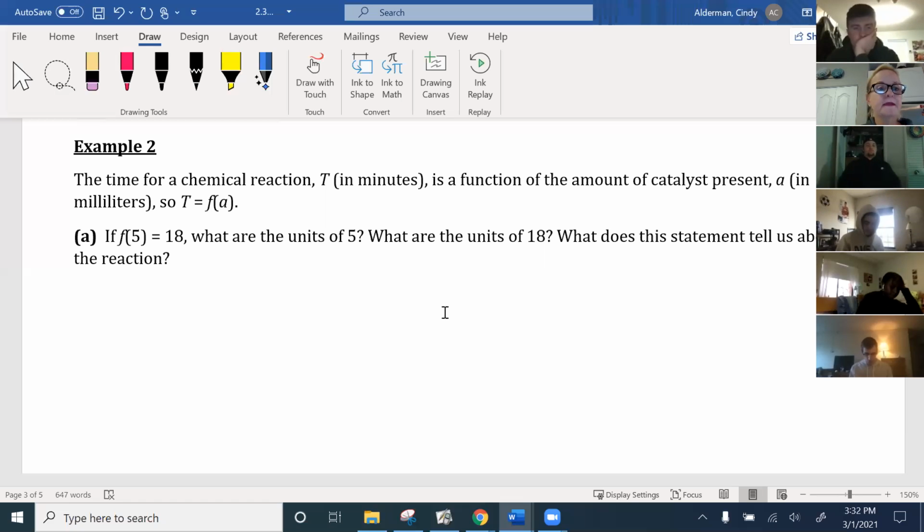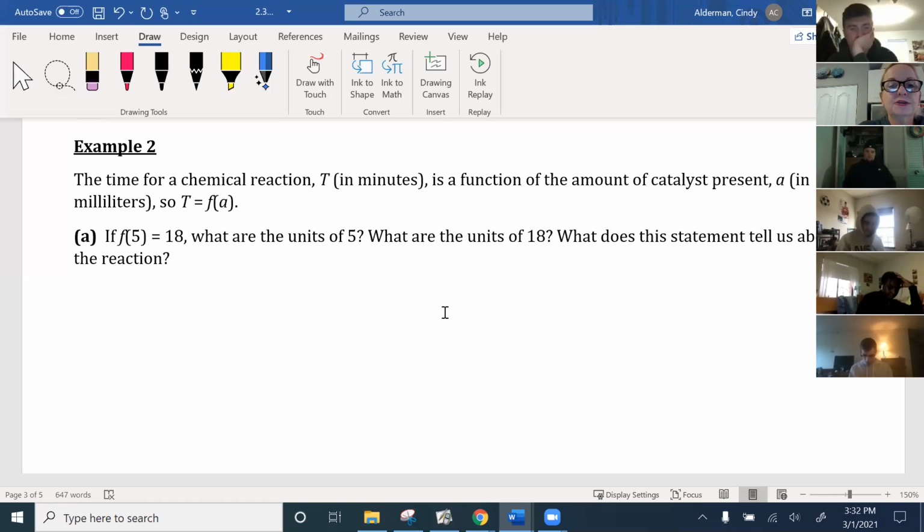So first question, if f of 5 is equal to 18, they're talking about if you put 5 into this original equation and you get 18 out. Notice they're not telling you what the equation is. They're just giving you basically an ordered pair, right? If you put x in, you get 18 out.